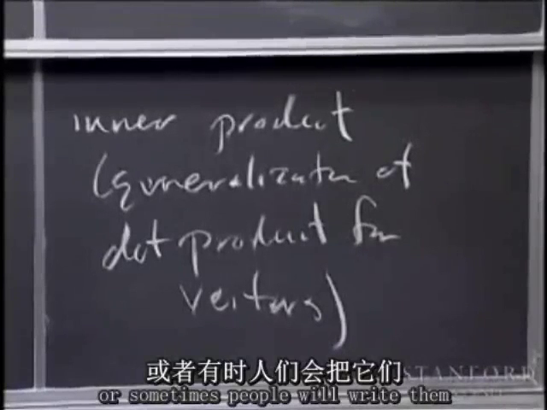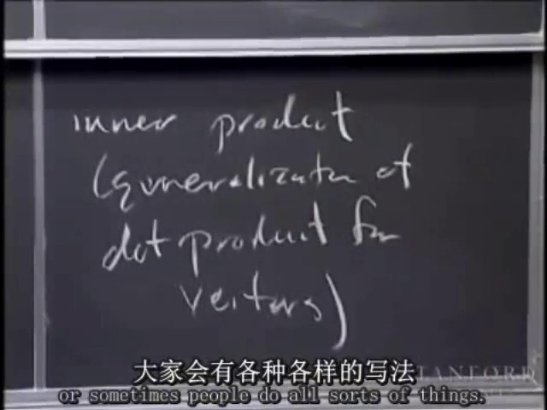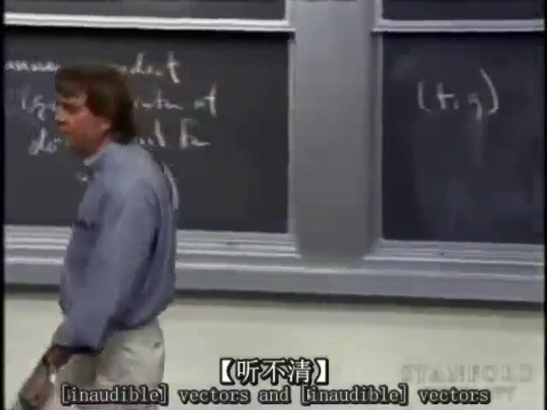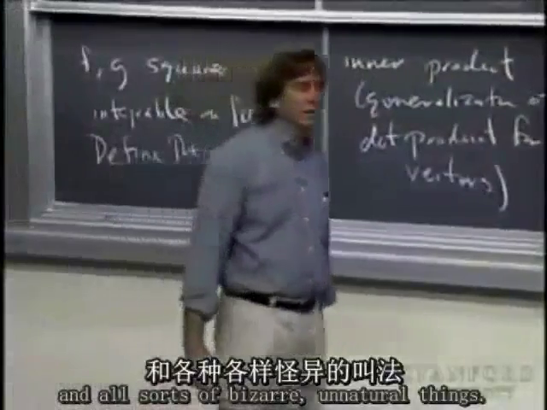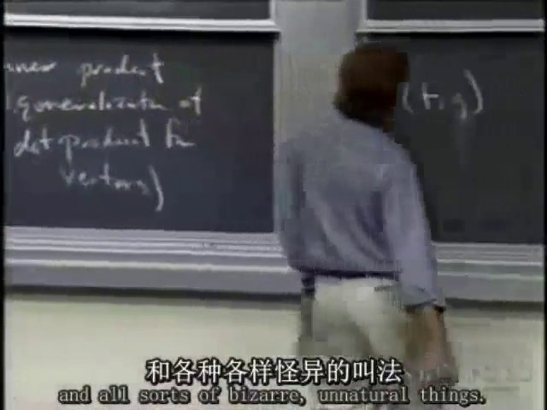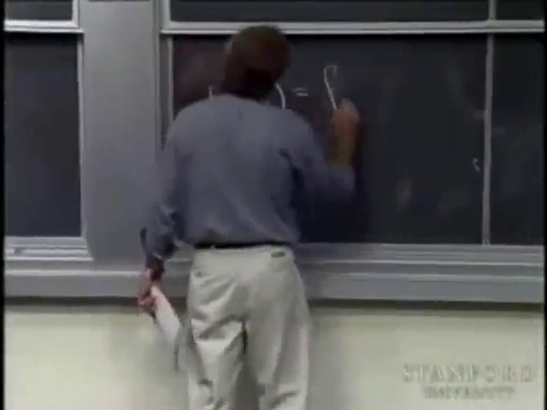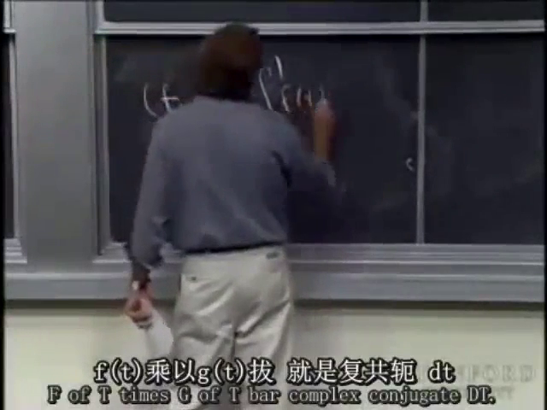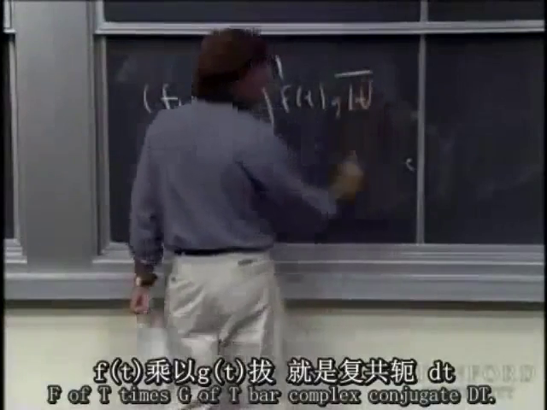Sometimes people write it with angle brackets, or physicists call it bra vectors and ket vectors, and all sorts of bizarre, unnatural things. But I'll take the simplest notation. So it's the integral from 0 to 1 of f(t) times g(t) bar, the complex conjugate, dt.